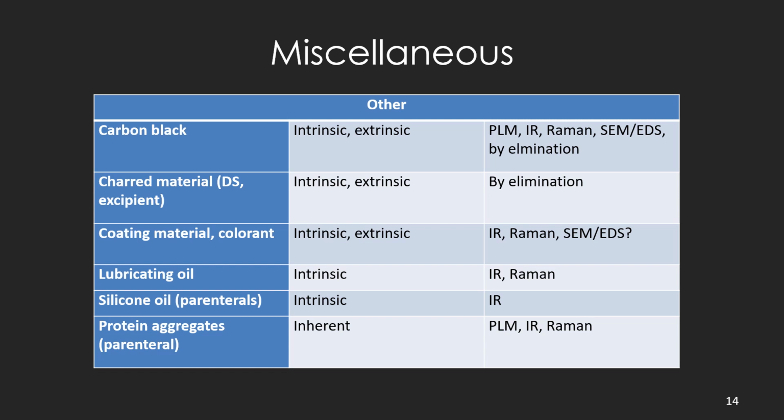Boy, these are really difficult to analyze because in general there's not good positive tests for them. Nearly always you have to look at it and say, I recognize this, and I've done all the testing, and by elimination I've concluded that it's something like carbon black. Lubricating oil is very common. If you're dealing with parenterals in the pharmaceutical industry, protein aggregates.